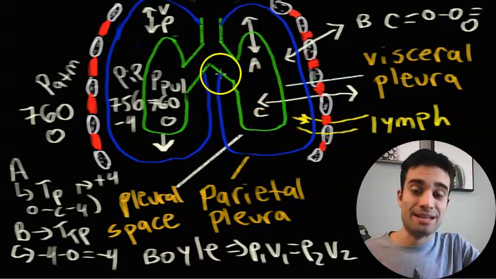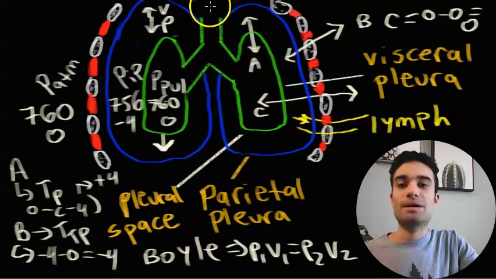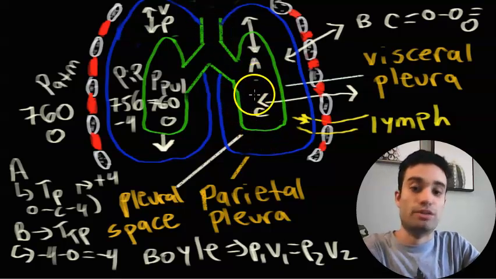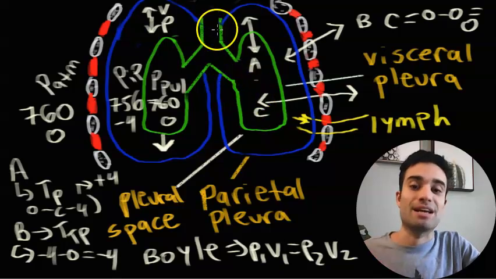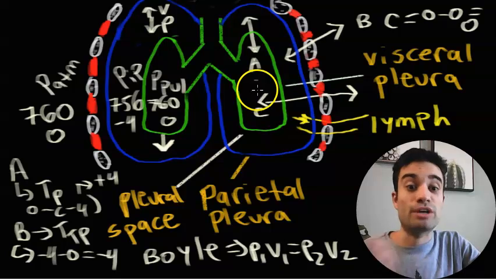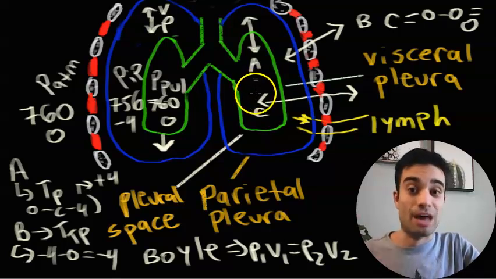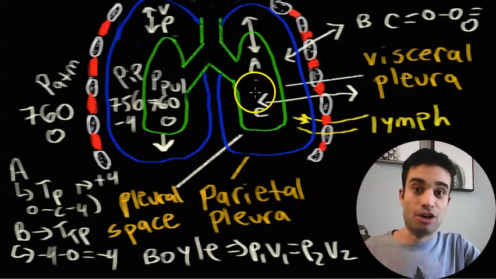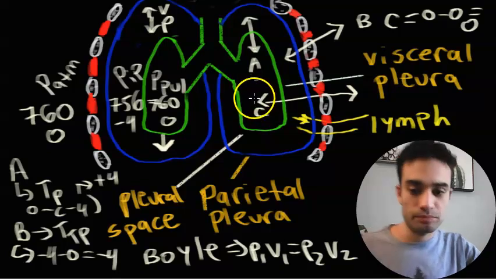So at rest, there is no difference between atmospheric pressure and the intrapulmonary or intra-alveolar pressure inside the lungs. That's why there's no air moving in. Air only moves due to a pressure gradient. So when we breathe in and out, we're going to change things, and allow the movement of air in, specifically oxygen, and then CO2 out.